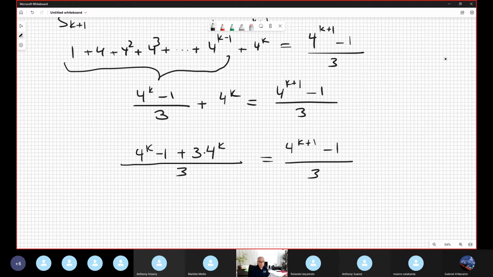Okay, you combine like terms. Which are like? This and this are like, because it's the same term, but it's 1 here, and 1 plus 3 is 4. Actually, this is 4 times 4 to the k minus 1 divided by 3.